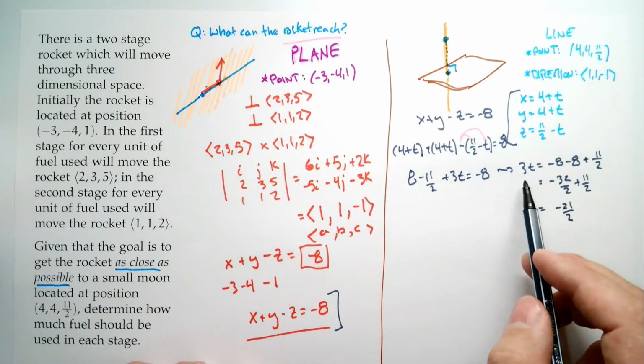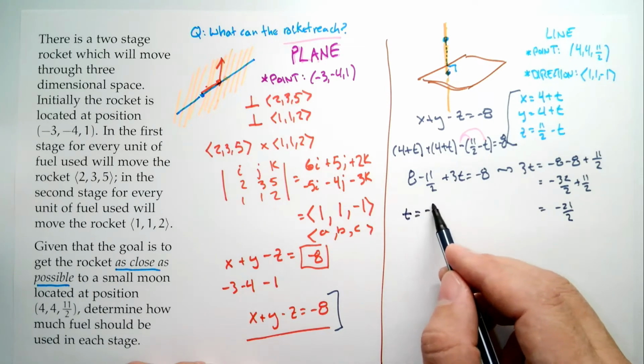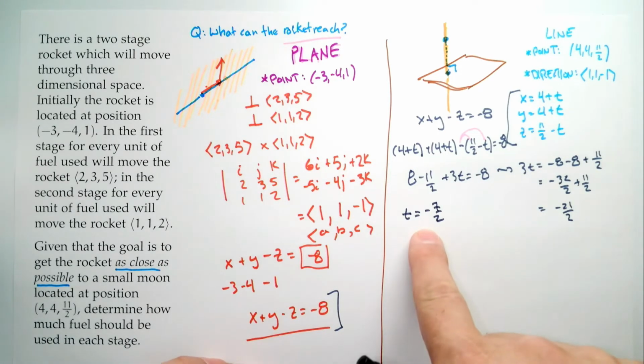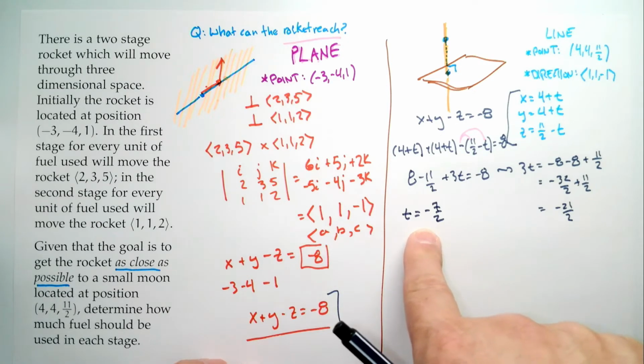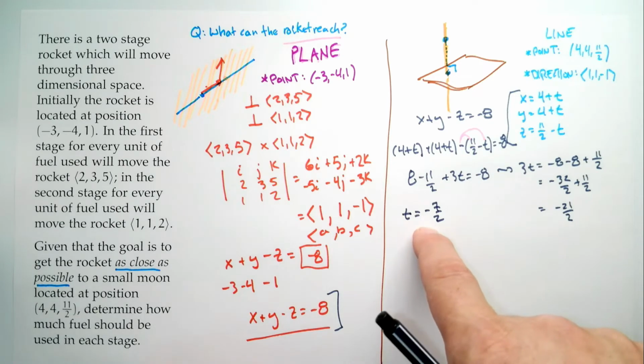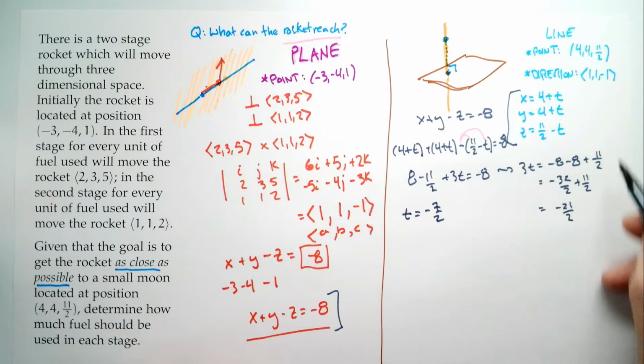And that's 3t. So what do we know about t? Negative 7 over 2. Now, is that our point? No, because it's not a point. It's a value for t. So, but what do we do with that? We plug it into the line.